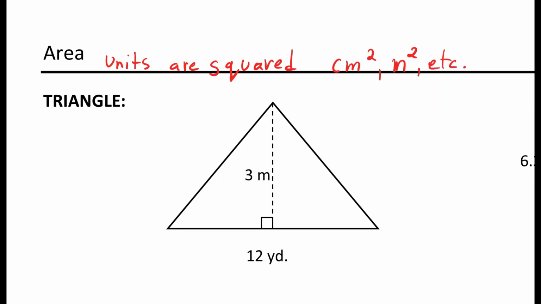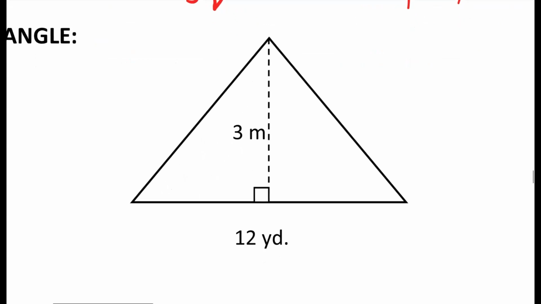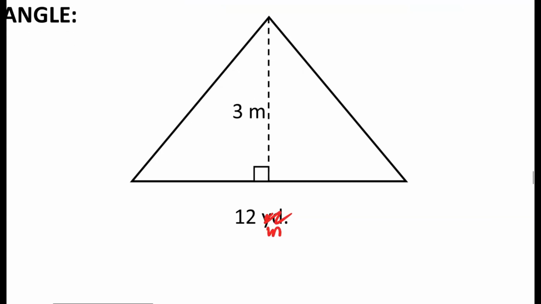So it's always going to have the squared as our final answer. Now for this one here, we have meters, and well, let's just change this. This should be a meter as well. We don't have any conversions that we have to do, but we're going to have meters, and our final answer is going to be meters squared.